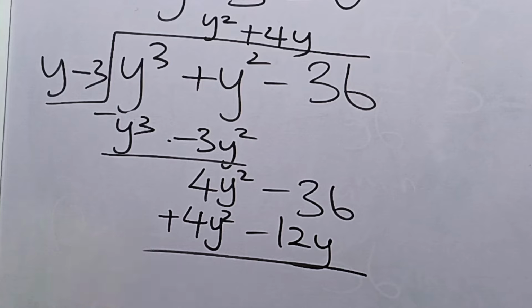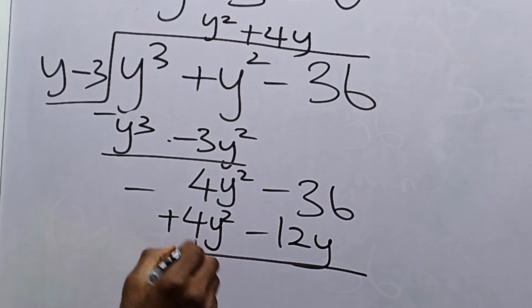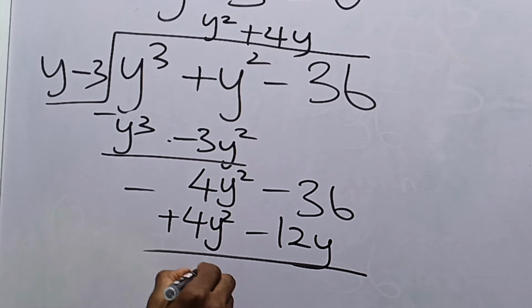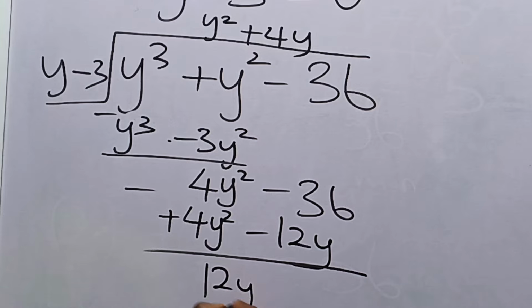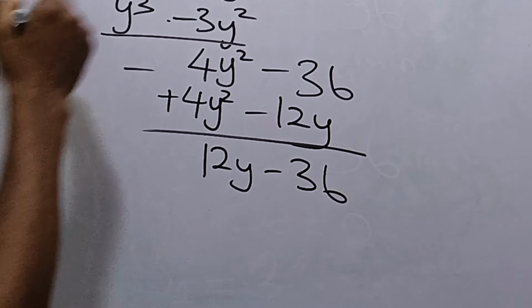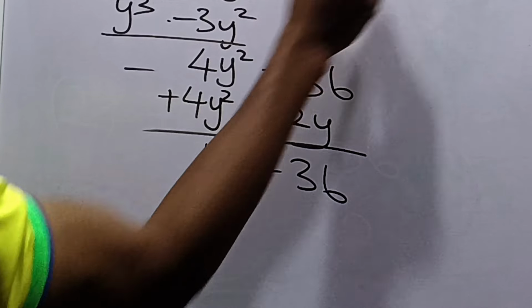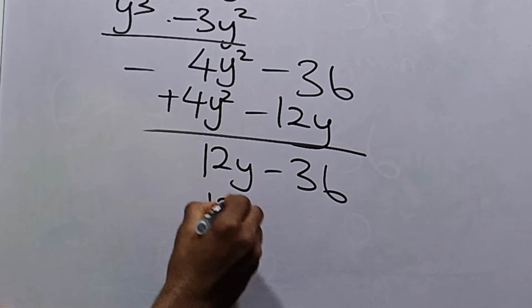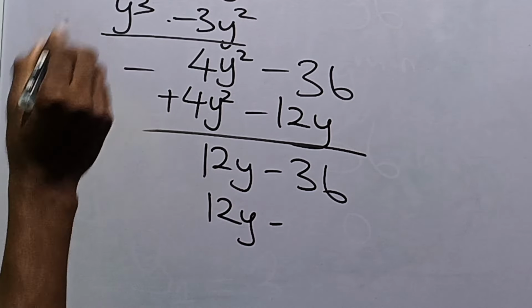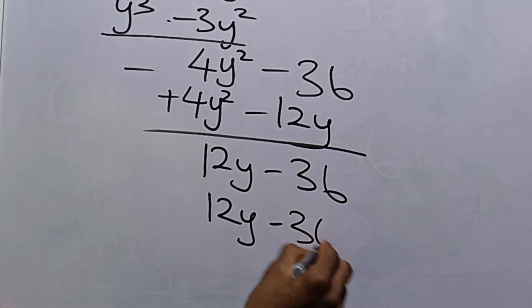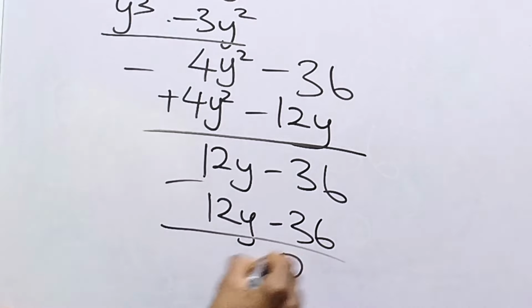When we subtract this, we have 0 here. Minus times minus is plus, so we have plus 12y minus 36. Again, we divide. 12y divided by y is plus 12. 12 times y is 12y, minus 12 times 3 is 36. So when you subtract, you have 0.